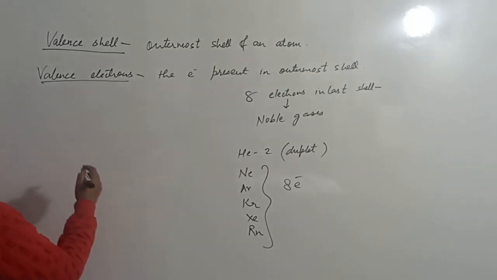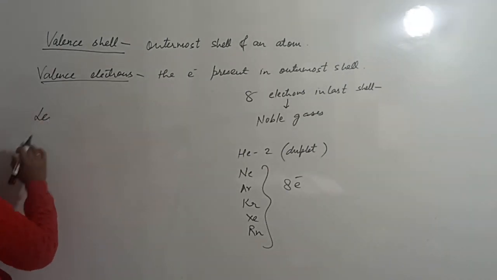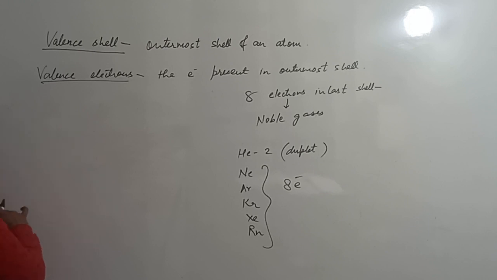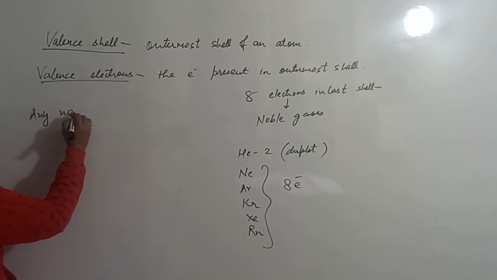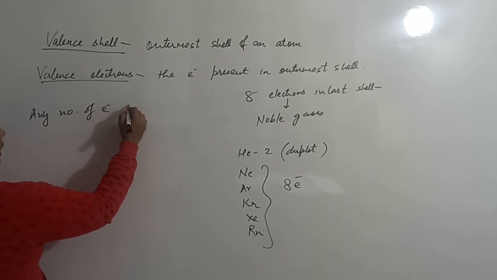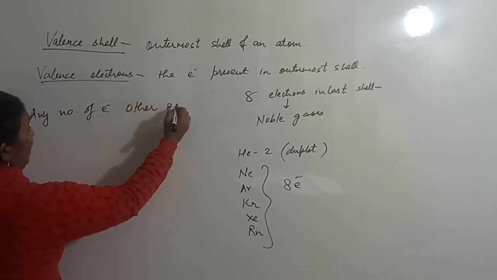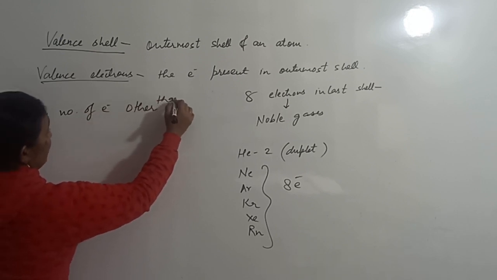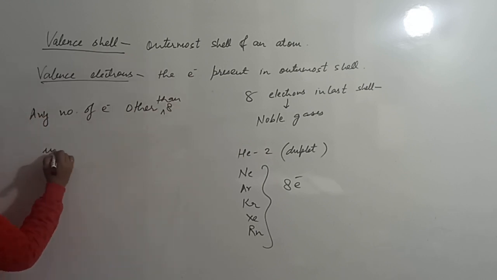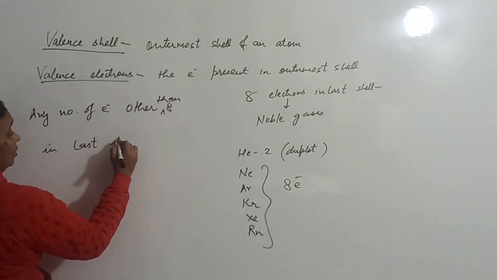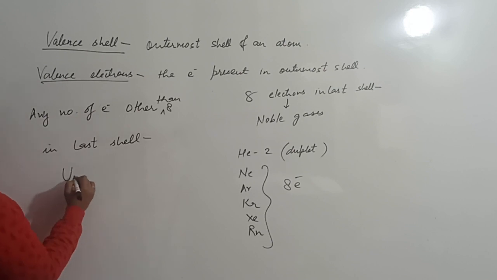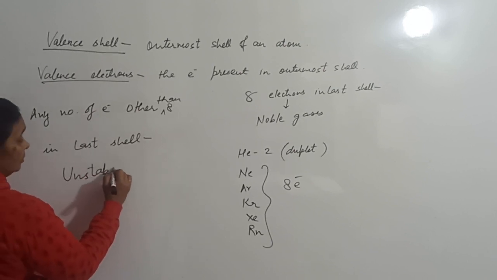The other atoms which have any number of electrons other than 8 in the last shell are known as unstable atoms.